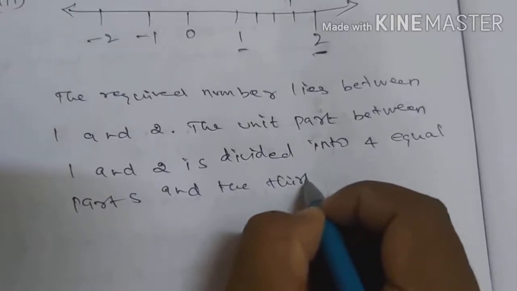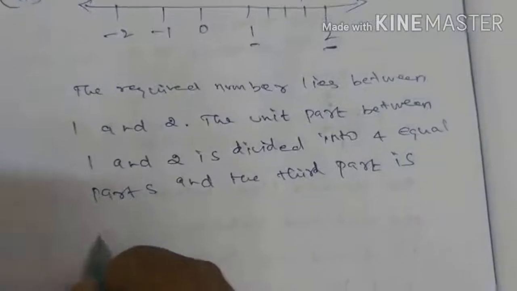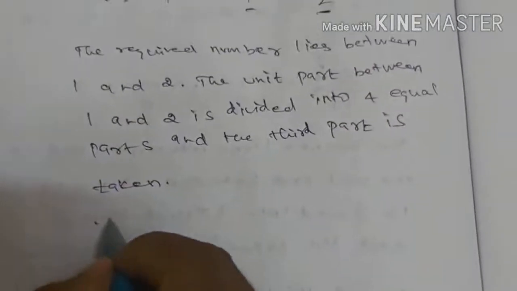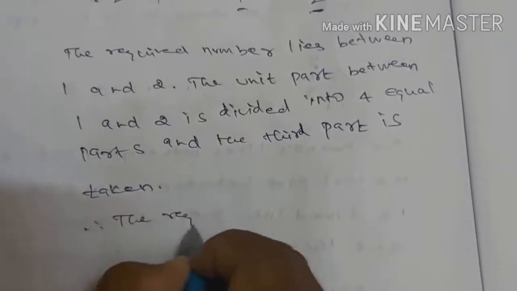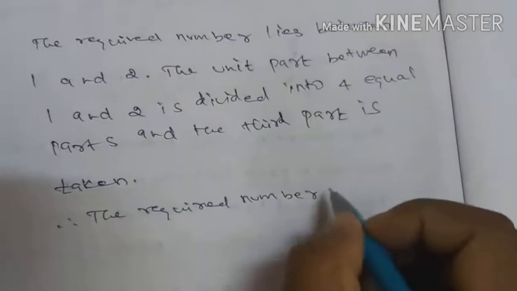The required number is 1 3/4, equal to 4 ones are 4, 4 plus 3, 7/4.